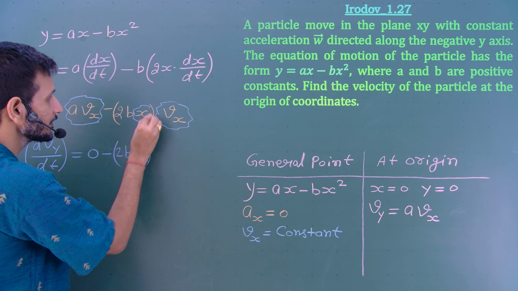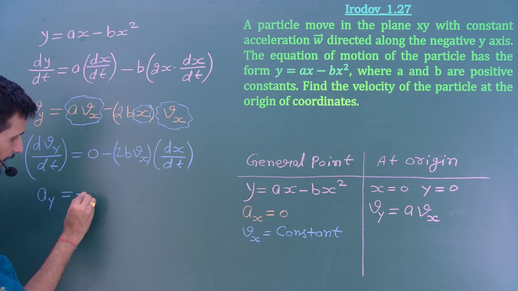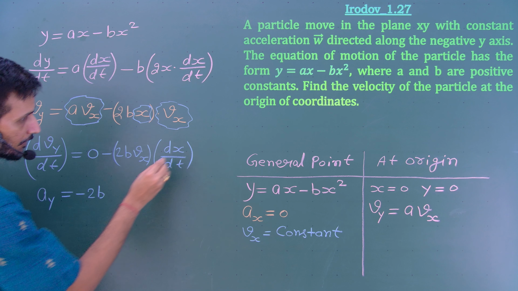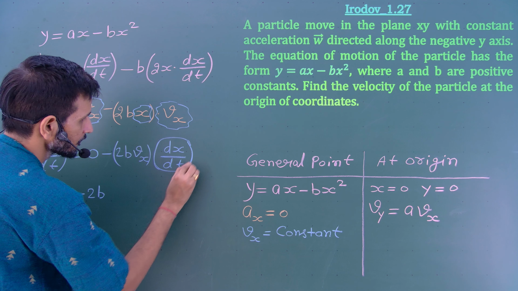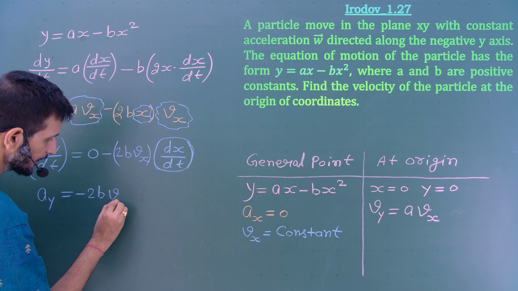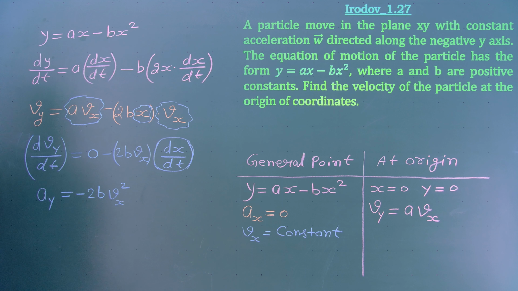So acceleration in y direction should be equal to minus 2b, this is also vx, so vx square. So acceleration in y direction should be equal to minus 2b vx square.